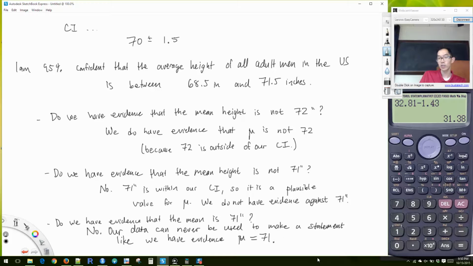Our data can only be used against certain values. We can say we have evidence that it's not 72.